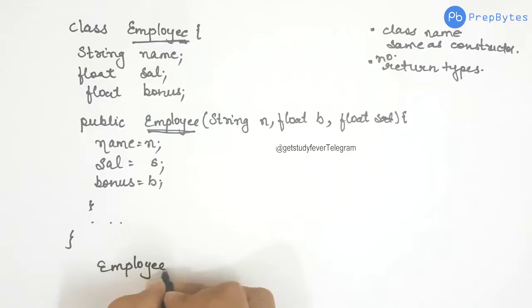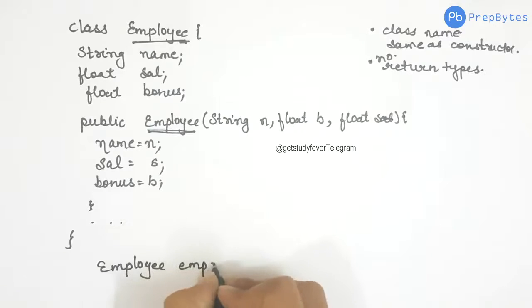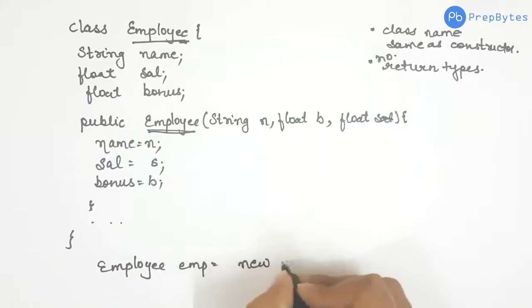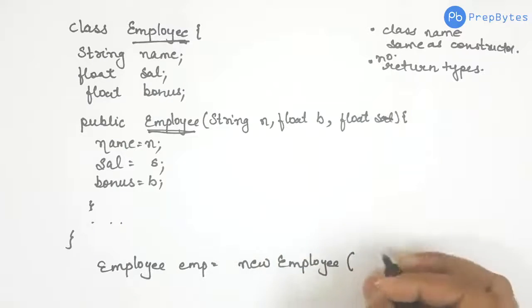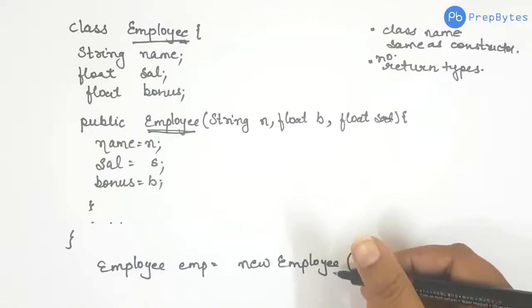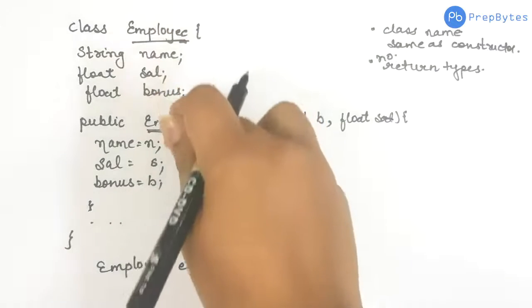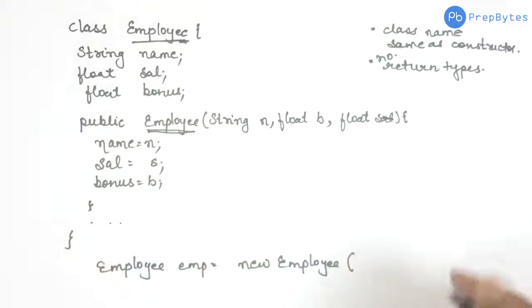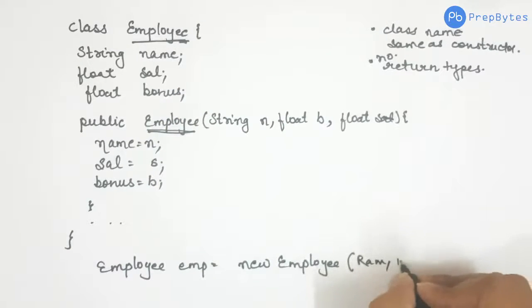Employee, let's say emp is equal to new Employee, and when I'm creating this particular object, since I want to initialize these 3 things, I will have to pass the values. So let's say I pass the value Ram, and let's say I pass the amounts.